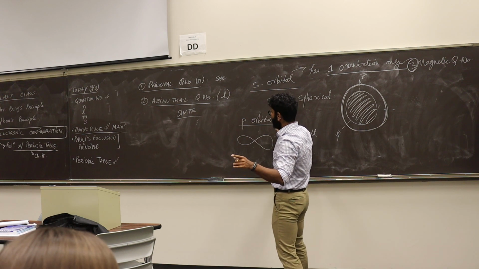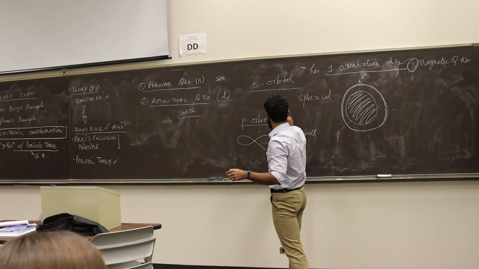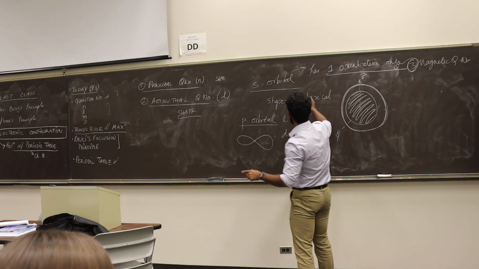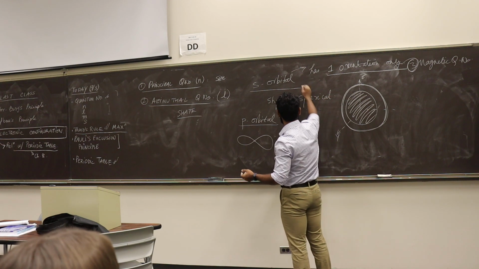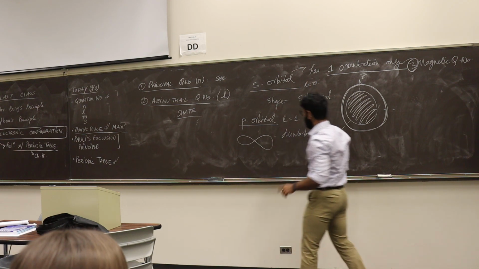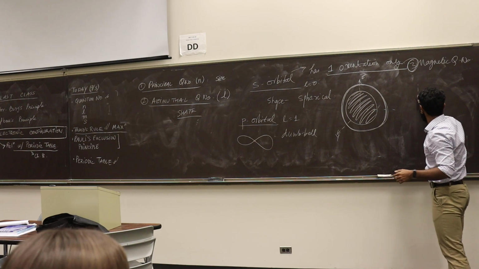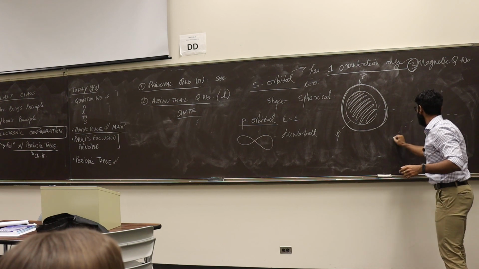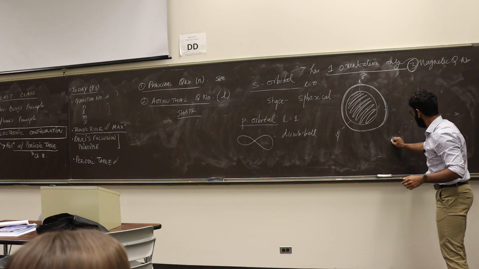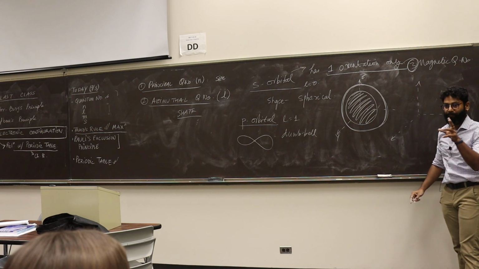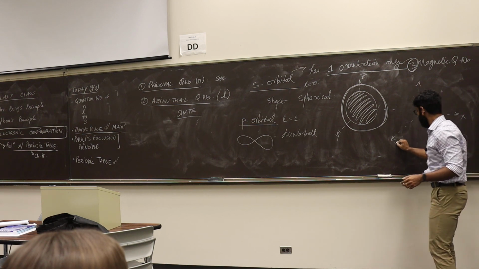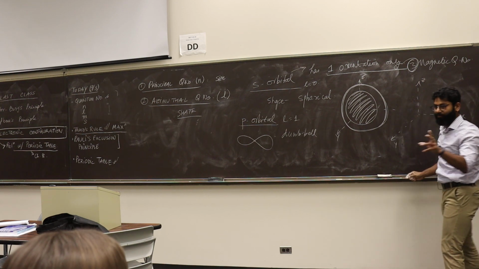So the azimuthal quantum number of p orbital is 1, of s orbital is 0, but how many ways can you orient the p orbital? Primarily 3 ways.